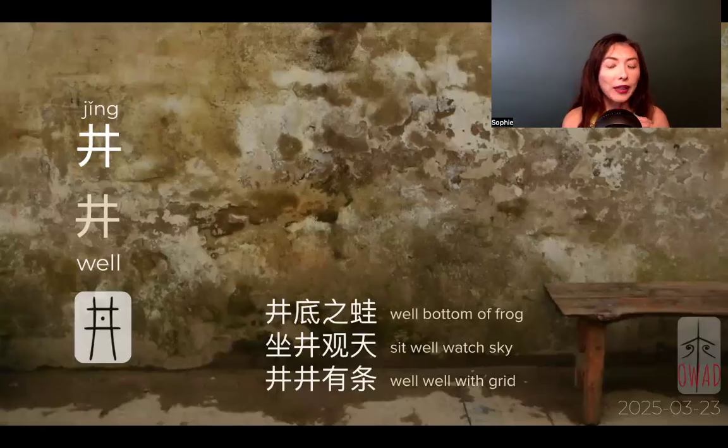And so we would use 坐井观天 to mean somebody who is so limited by the scope of their vision.